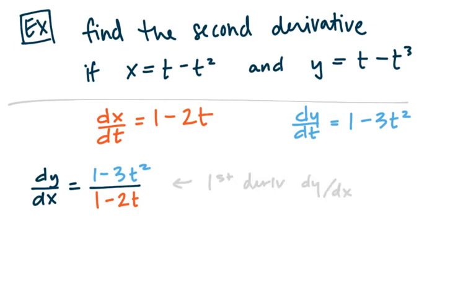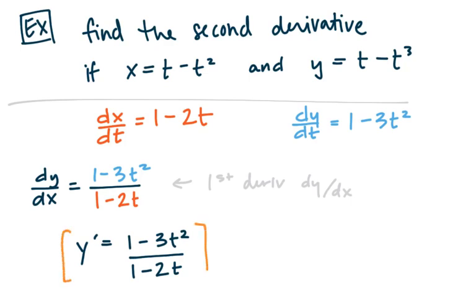If I wanted, I could write that as y prime equals 1 minus 3t squared over 1 minus 2t. In order to find the second derivative, I need to differentiate this with respect to t, and then I'm going to need to divide by dx dt, my first derivative of x with respect to t.